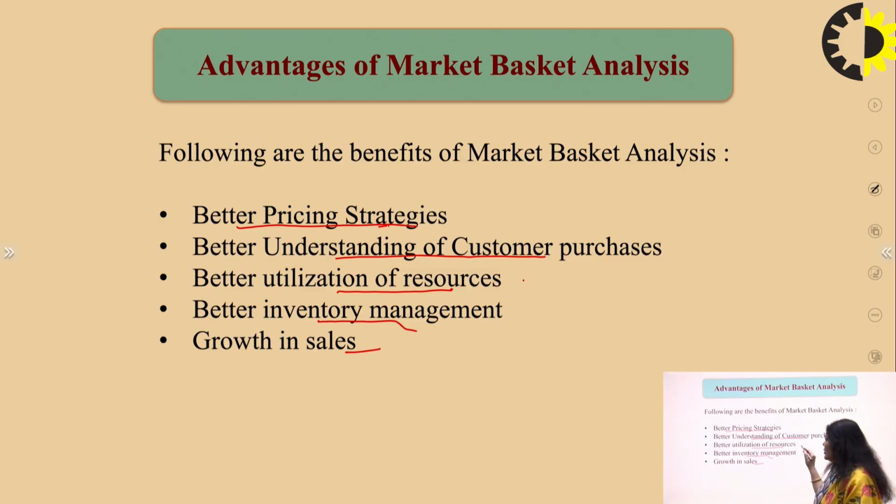So I can say that better inventory management or better utilization of resources means that, for example, I'm more focused on purchasing or maintaining the inventory of the items which are frequently bought together, rather than those which are less frequently purchased. This way I can maximize my sales, and I can maximize my resource utilization as well as my inventory management.